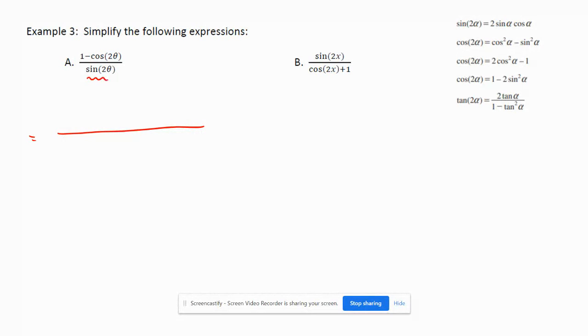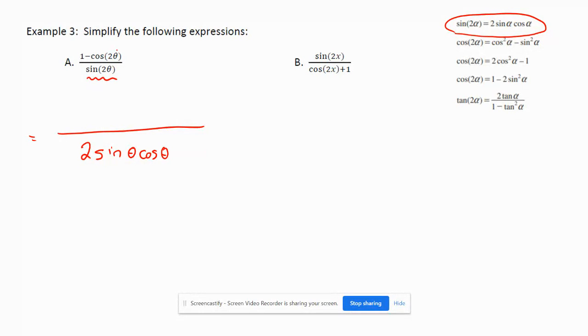Let's look at the bottom. We have sine 2 theta, which is the same thing as this identity over here. So sine 2 theta is the same thing as 2 sine theta cos theta.